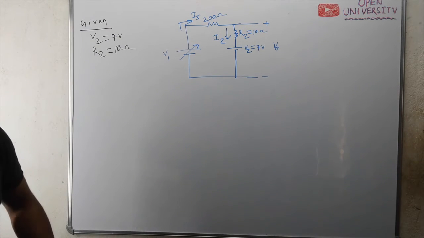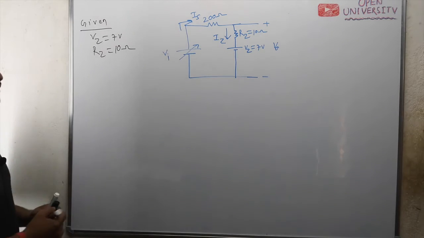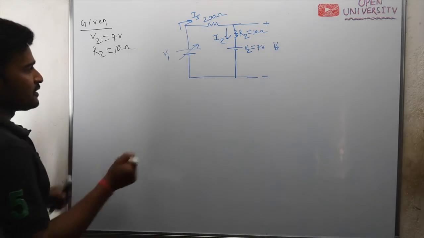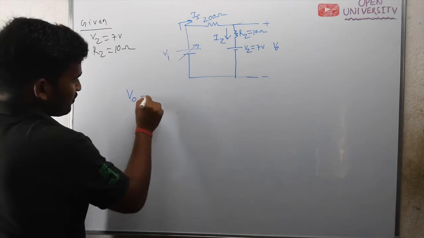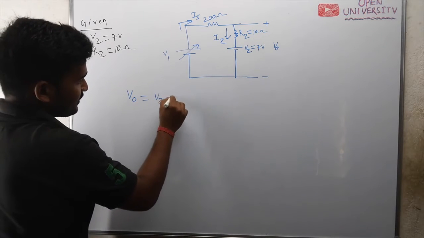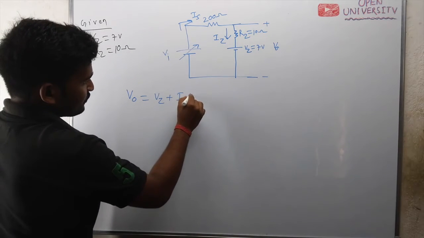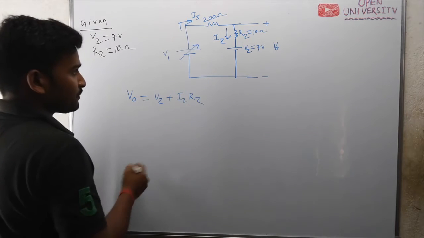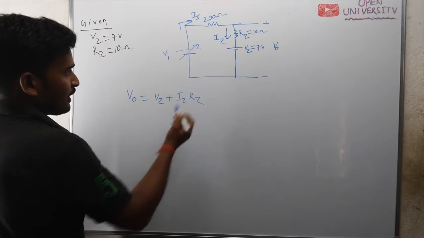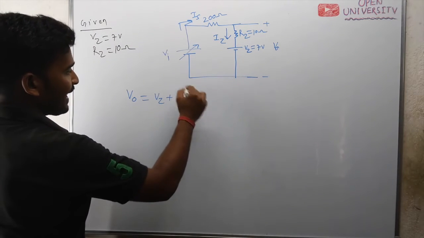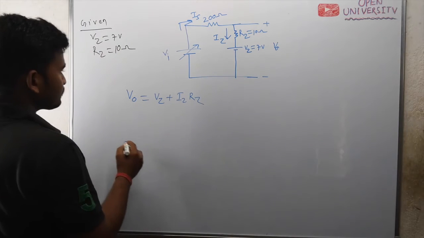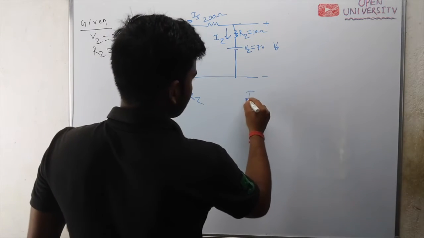It is asked to find the value of the output voltage. So what will be the output voltage? Output voltage will be VZ plus IZ into RZ. VZ is known, RZ is known, only IZ is required. How to get the IZ value?